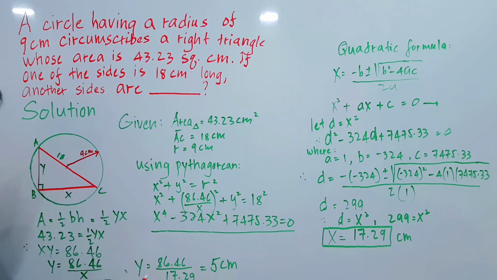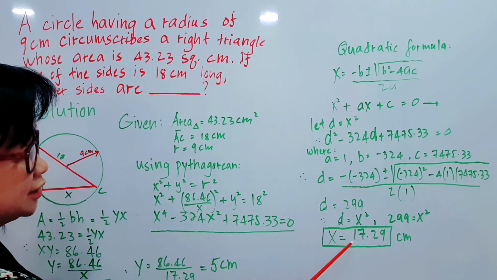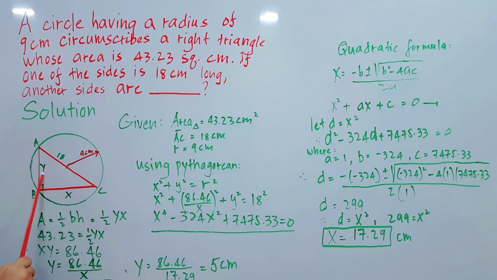So the value of y is 5. So we solved already the sides of the right triangle, which are x is equal to 17.29 centimeters and y, which is equal to 5 centimeters.